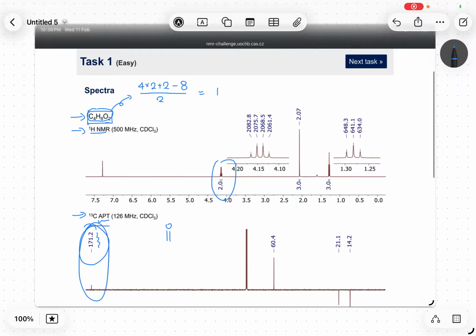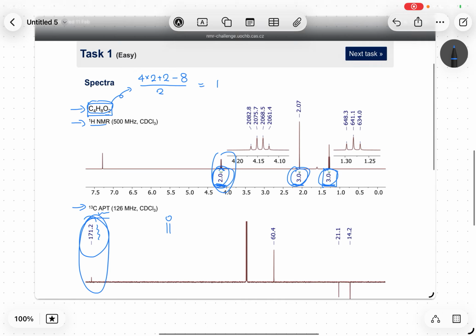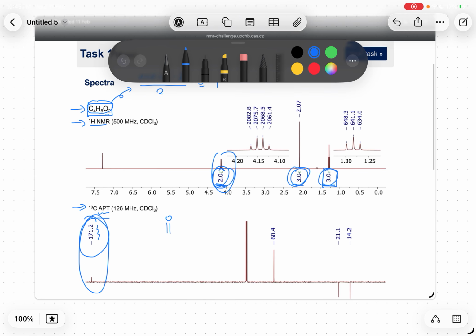And then you can check out the integrations of the protons. So you have 2, 3, 3. And the 3 is highly suggestive of a methyl group, while the 2 and 3 combination is very suggestive of an ethyl group.